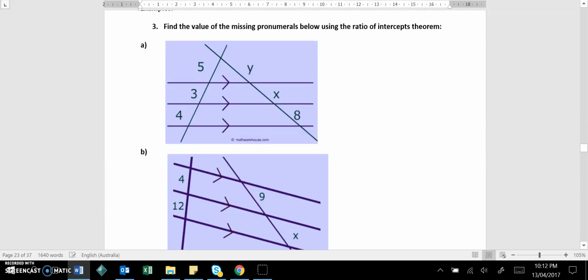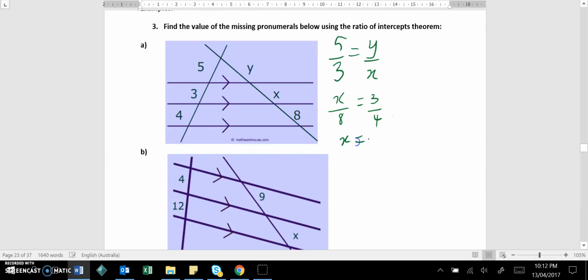So they want me to find the missing pronumeral. So what I'm going to do in this one is write 5 over 3 is equal to y over x, but you'll realize that I can't really do that. There's two unknowns there. So I'm going to start with the bottom two. So I'm going to go x over 8 is equal to 3 over 4. And I'm going to times the right hand side by 8.